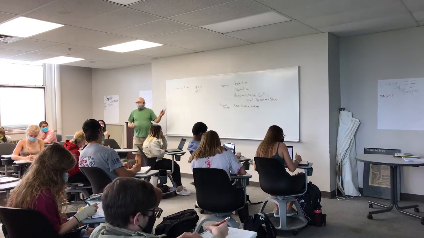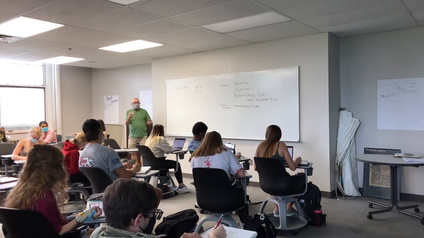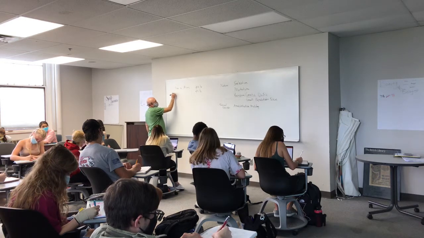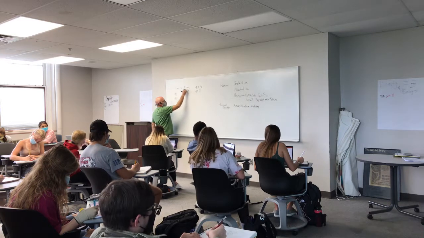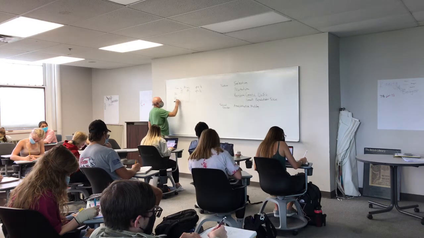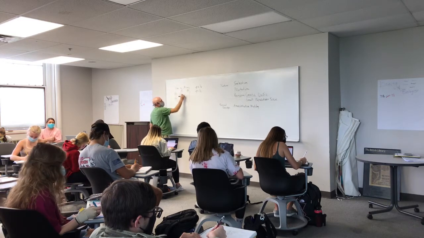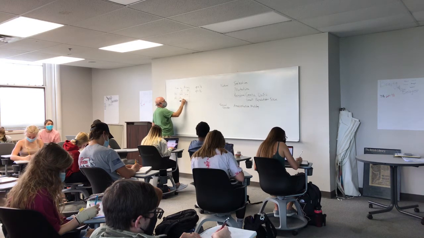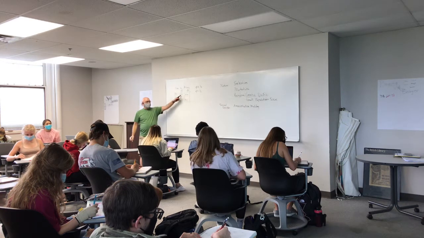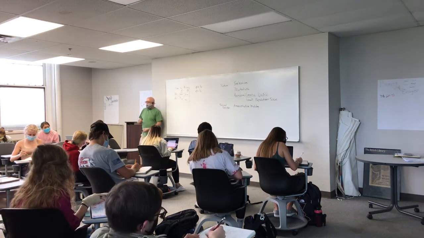We can do this with a simple Punnett square. This individual can make these gametes. This individual makes these gametes. And we get homozygous dominant, 2 heterozygotes, homozygous recessive.